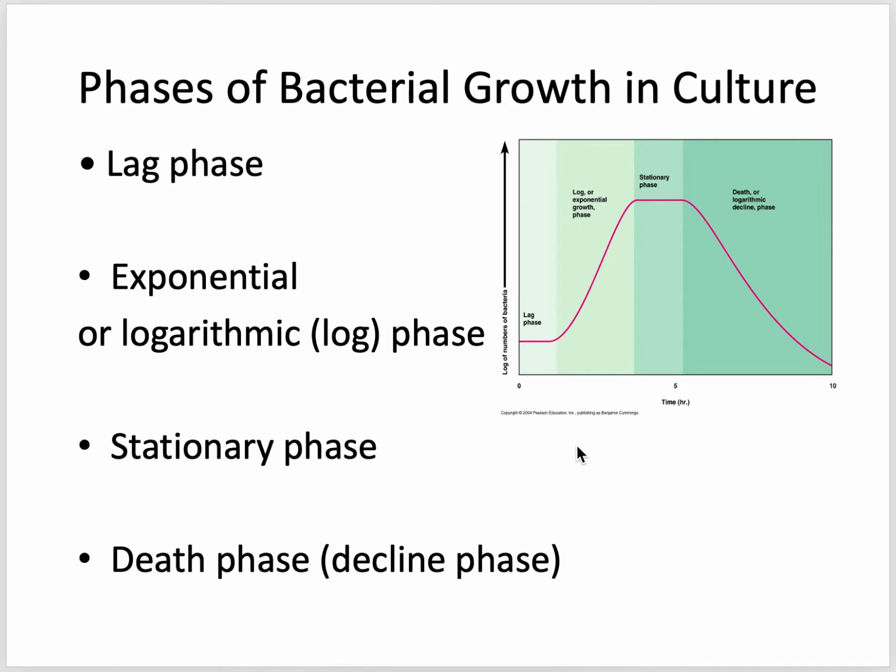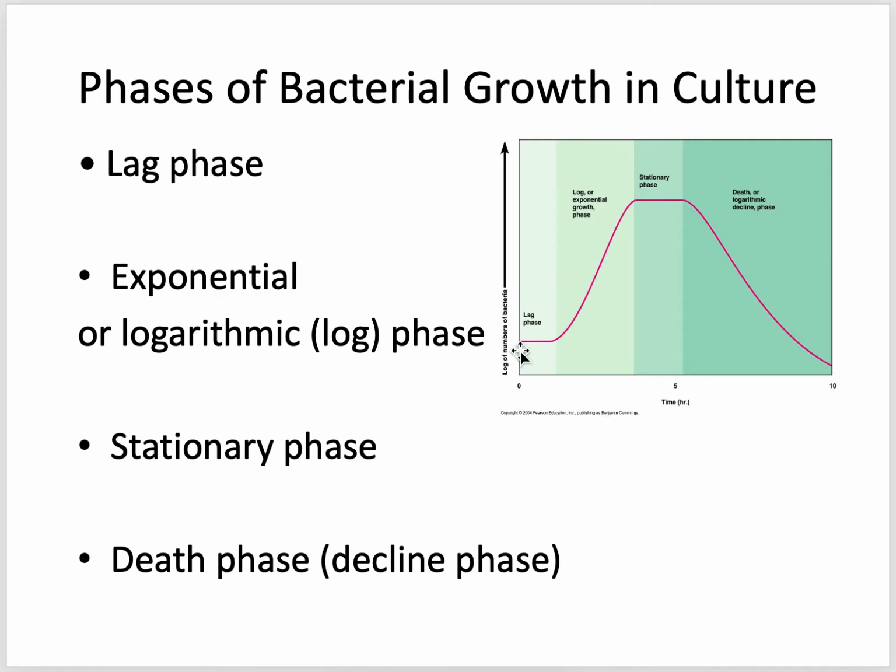Or sometimes your inocula are not healthy enough, so when you put them into new media, they need to become healthy first. That means they need to adapt to the new environment and become healthy. At that time the number of cells will stay still, because they are not multiplying, they are just getting adapted.